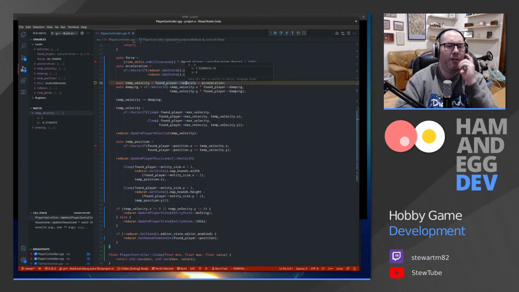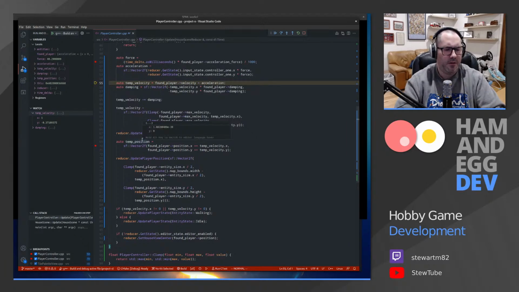So that velocity is 7 there, whereas when we set the velocity, okay, I wonder if, alright, so let's go down to here.